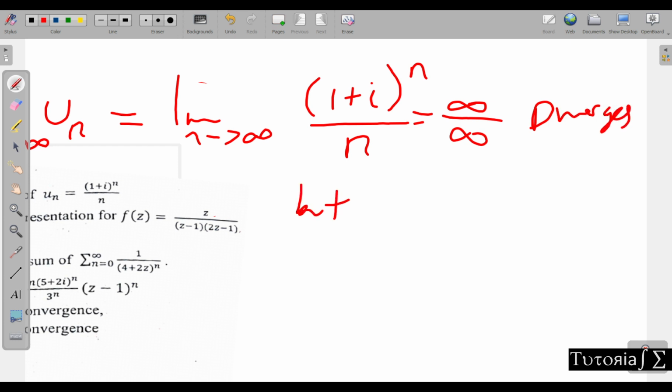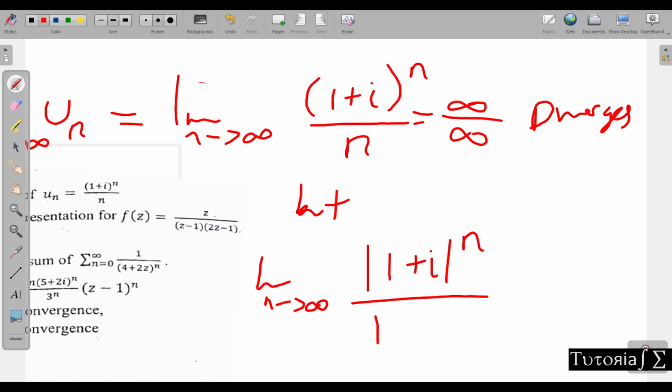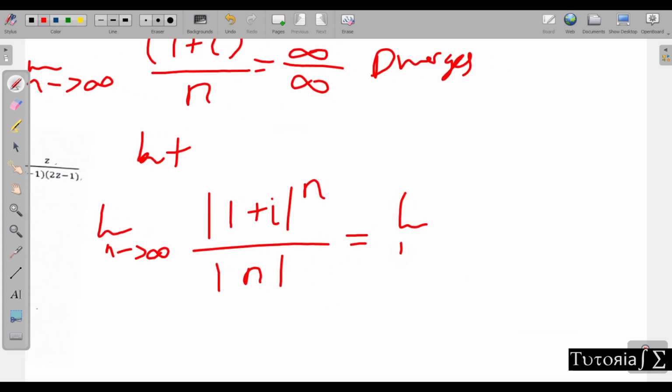But when you take the absolute value, the limit as n approaches infinity of the absolute value of (1 plus i) to the n over the absolute value of n, the top part will be root 2 to the power n over modulus of n.